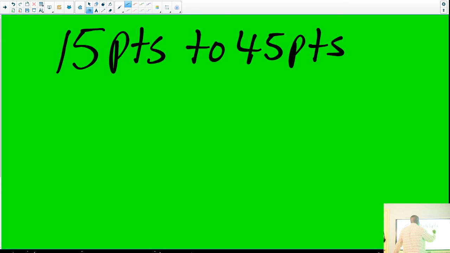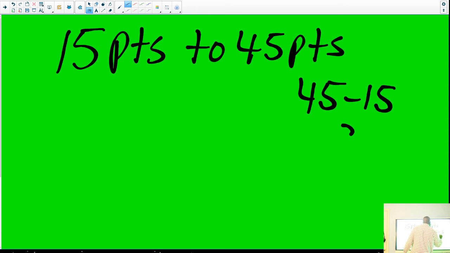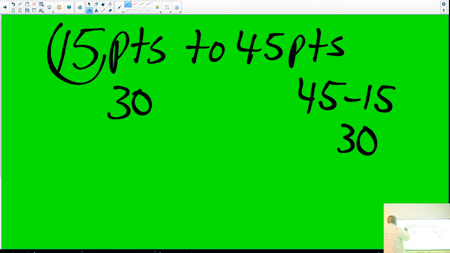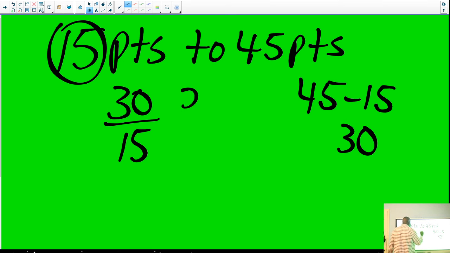All right. 45 minus 15, you come up with 30. So bring the 30 over here. And y'all see that 15? You're going to divide by the first number, make it a fraction. So guess what you can do with that one? You can reduce that one. It'll be 2 over 1.